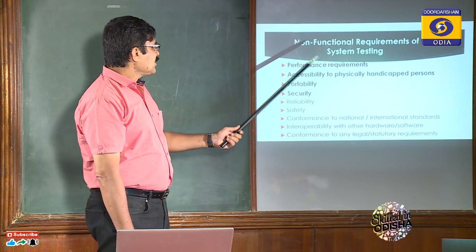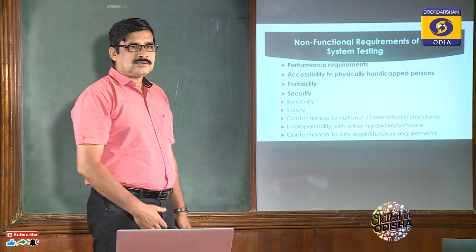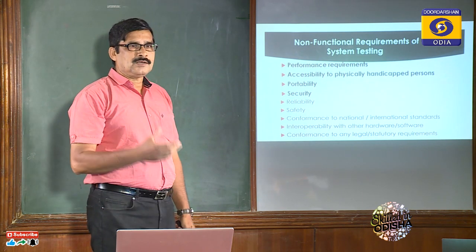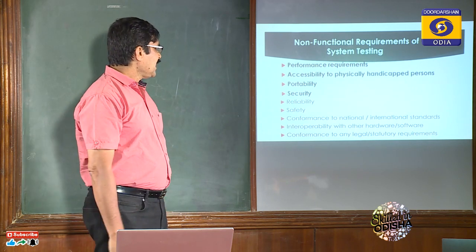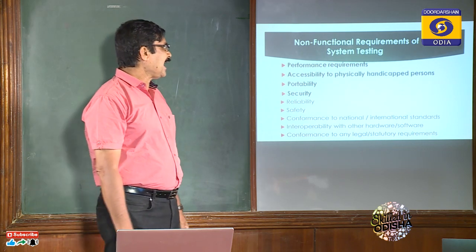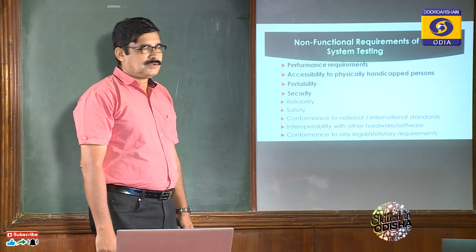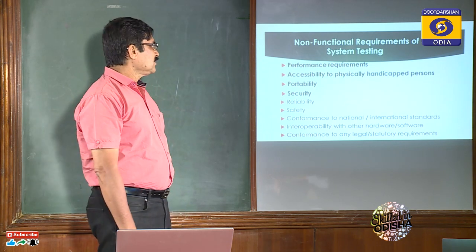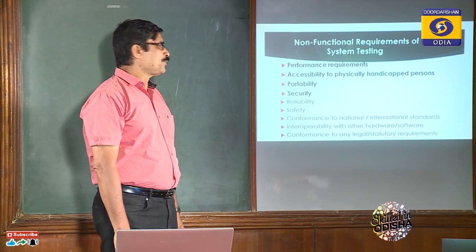what the performance requirement is. For the software which will be designed, what will be the performance and what are the requirements to give that performance. Next one, accessibility to physically handicapped persons. The software which is designed should be able to give access for operation to physically handicapped persons.